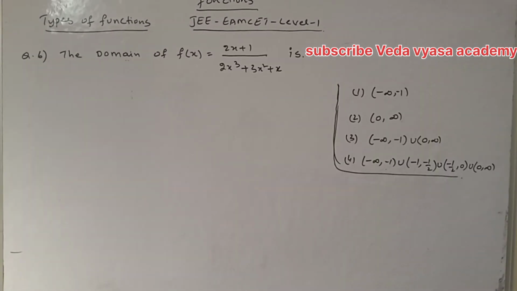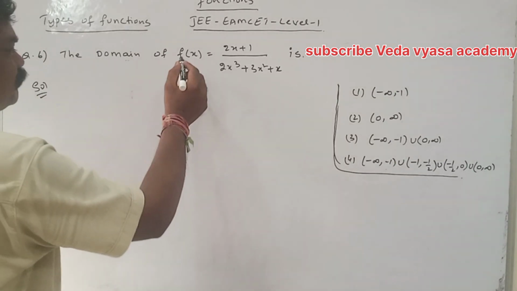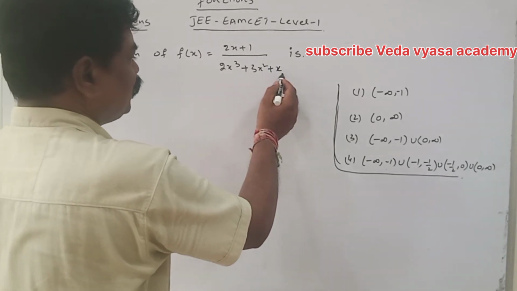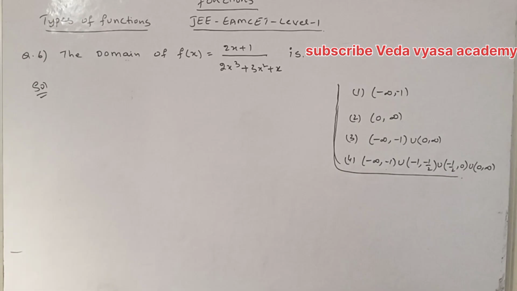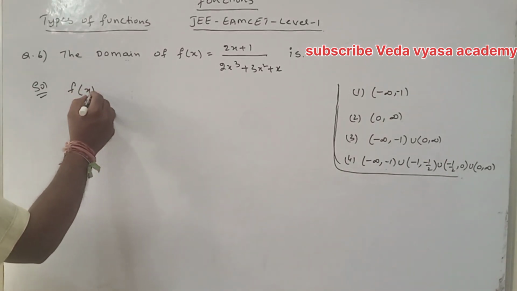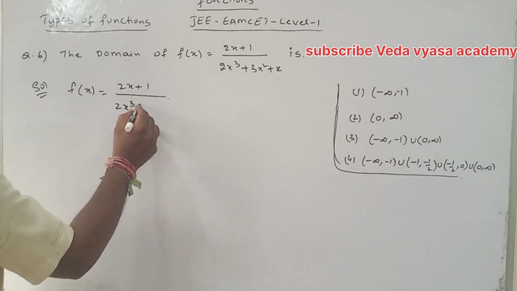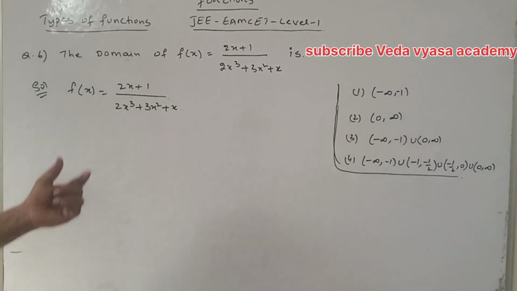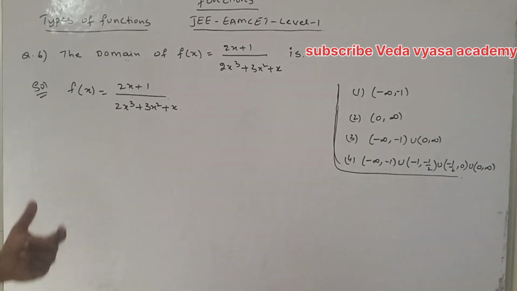Here one more problem on functions, domain. We have given the domain of f of x is equal to (2x plus 1) by (2x cube plus 3x square plus x). Here the numerator takes all real numbers.